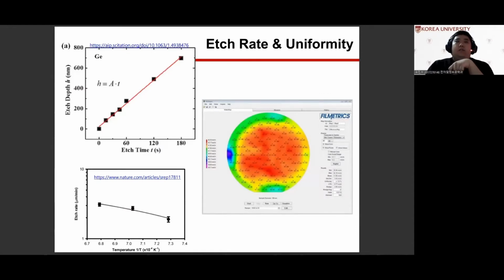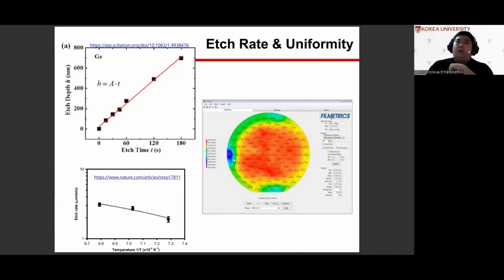First, let's look at the etch rate and uniformity. First is the etch rate with time and temperature. As the temperature gets hotter and hotter, the etch rate is higher. Also, as time flows, the etch depth is usually higher, but unlike this, some etch materials can look like this exponential profile or logarithmic profile.